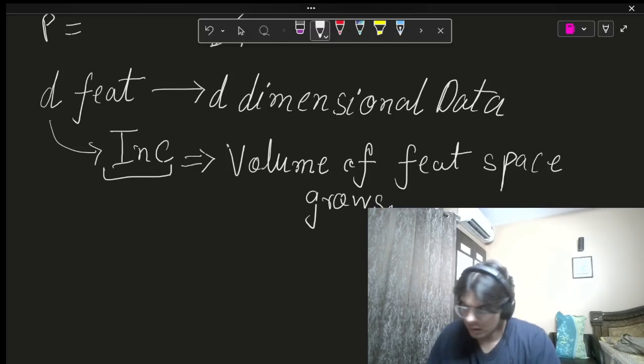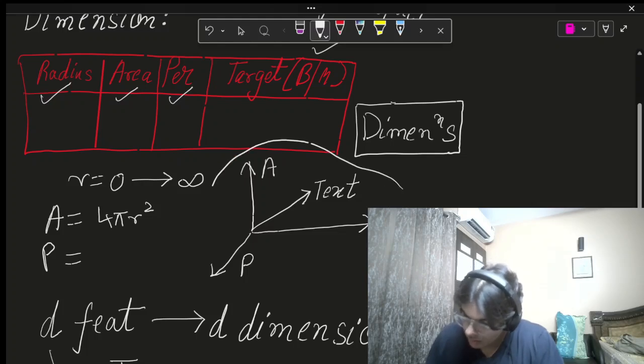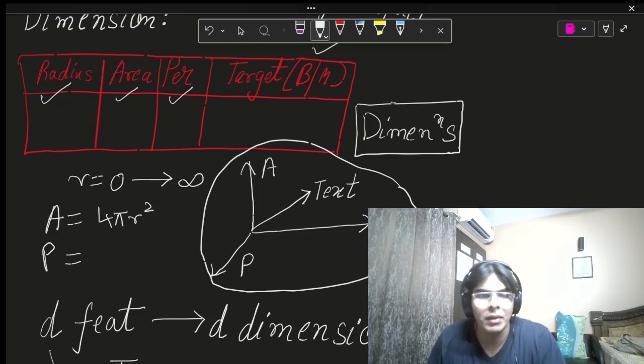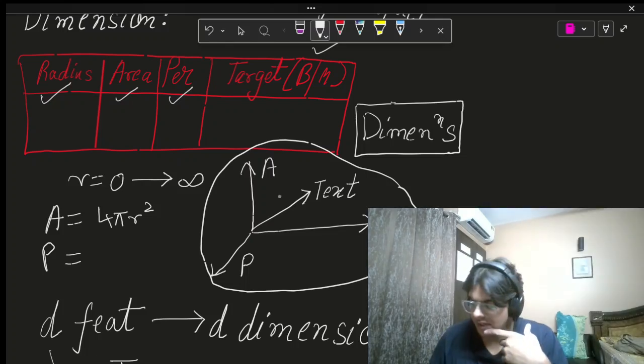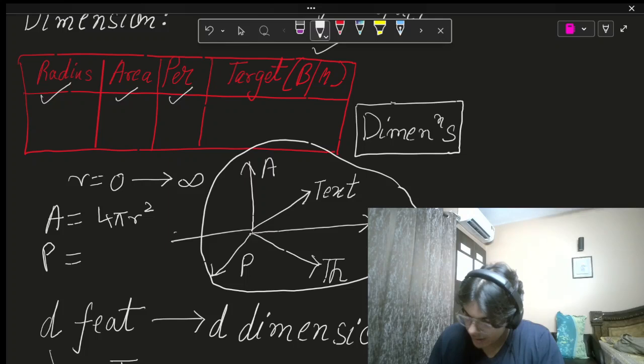Earlier, if we come back to this diagram right here, do you see how this feature space is looking? It is looking so naive, so simple. There are only four features: area, perimeter, radius, and texture. Let's say I make a thickness feature right here. Let's say I make a volume feature, V. Let's say I make a width feature, W.